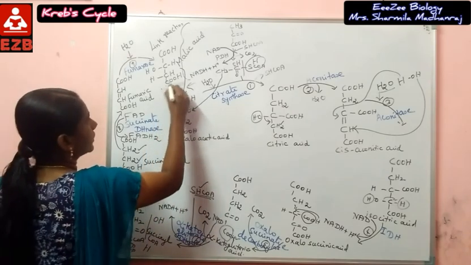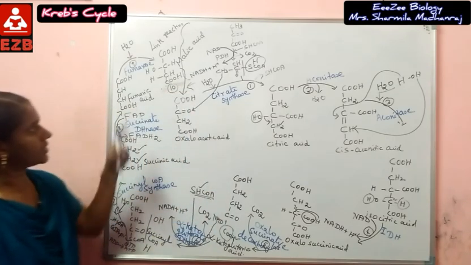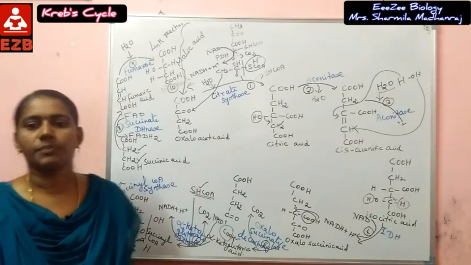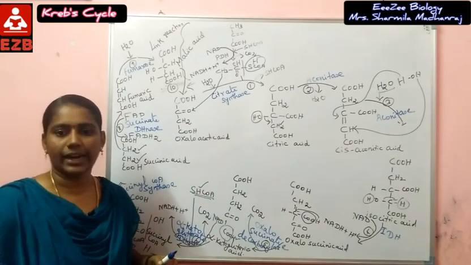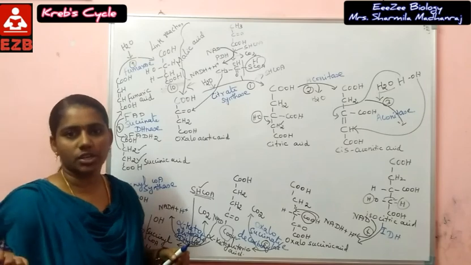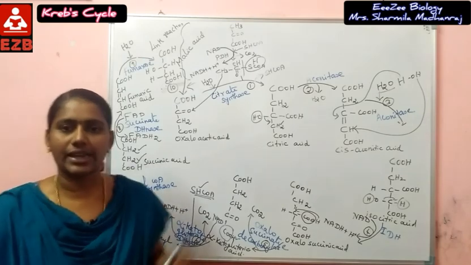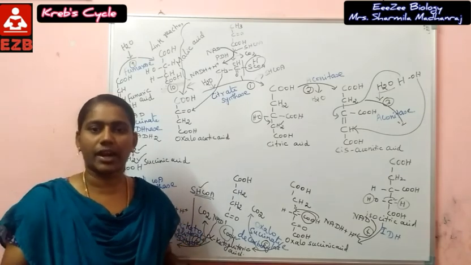Tenth step. Malic acid is converted to oxaloacetic acid with the help of malate dehydrogenase. In this step, oxidation takes place. NAD is converted to NADH plus hydrogen ions.